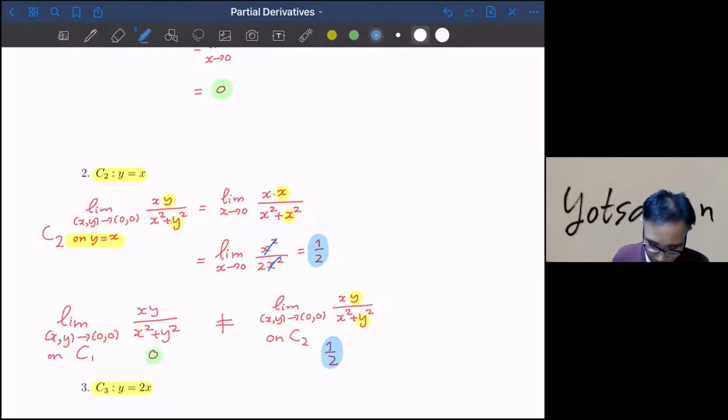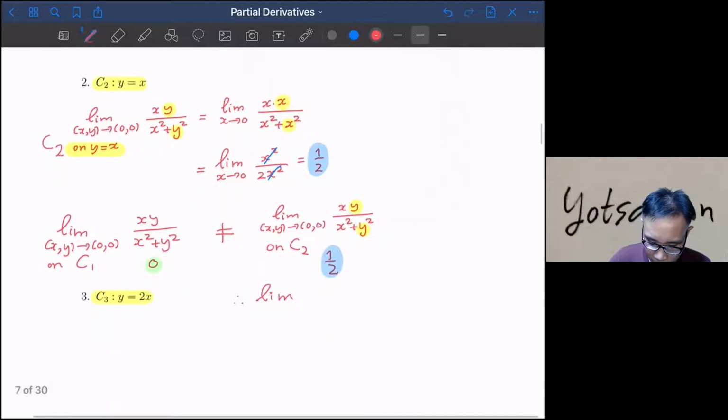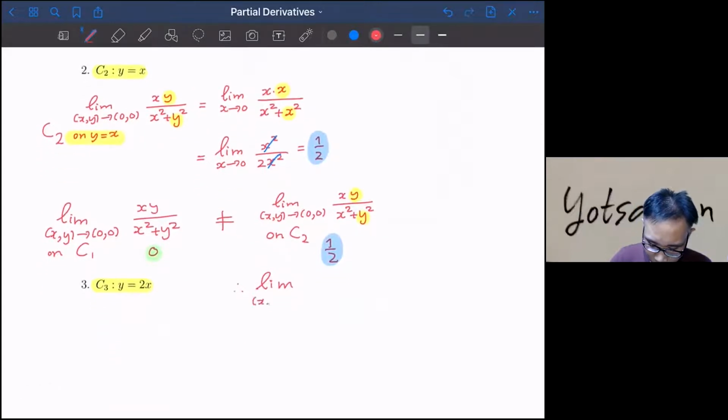So in this case, you say that the limit as (x, y) goes to (0, 0) of xy over x squared plus y squared does not exist.